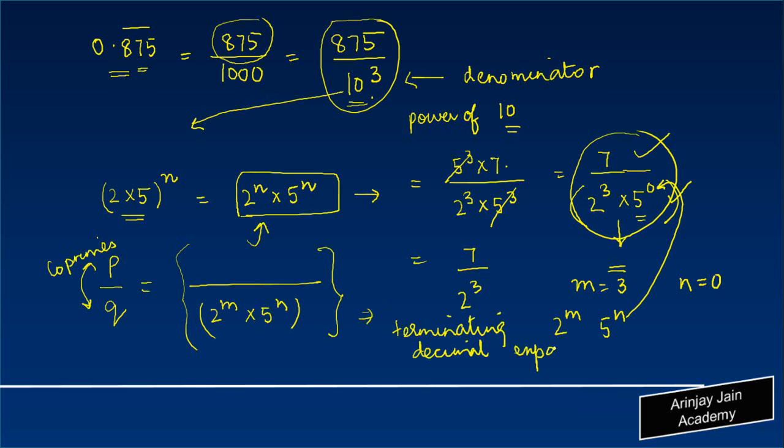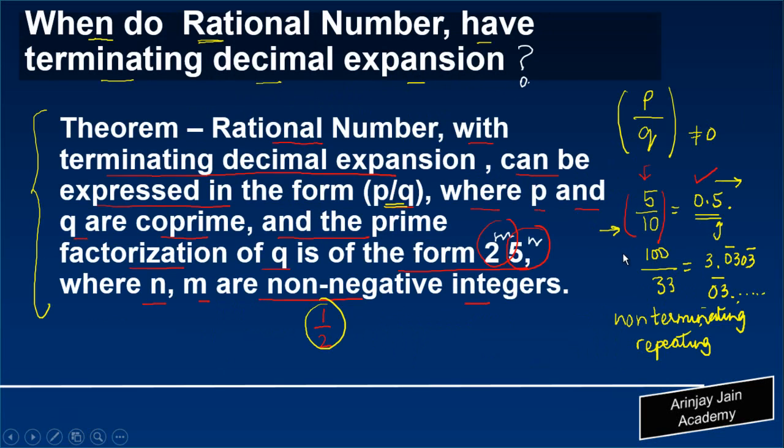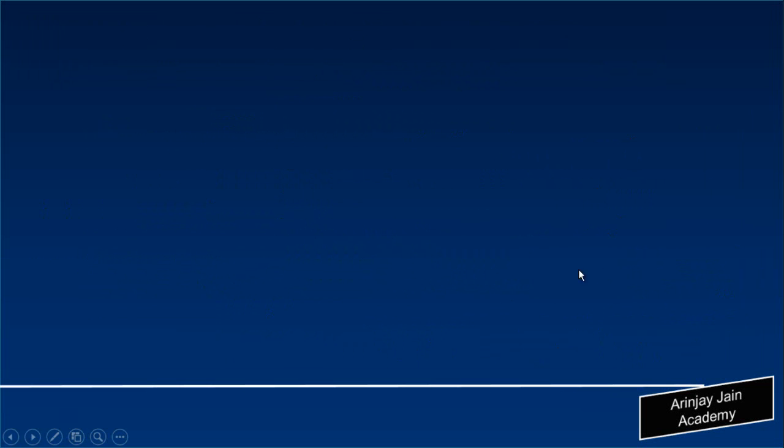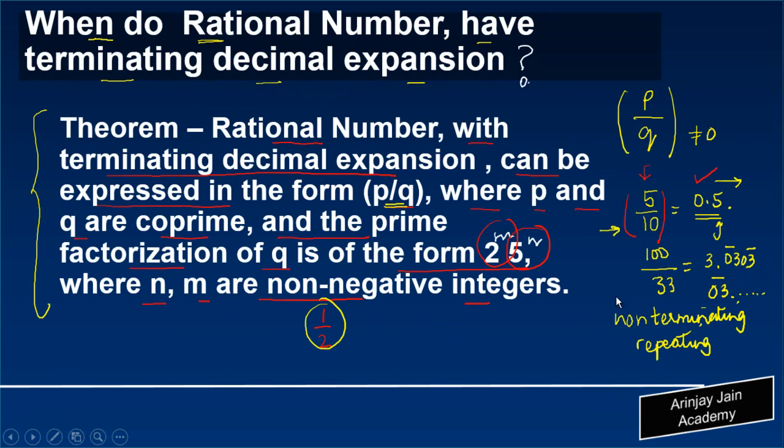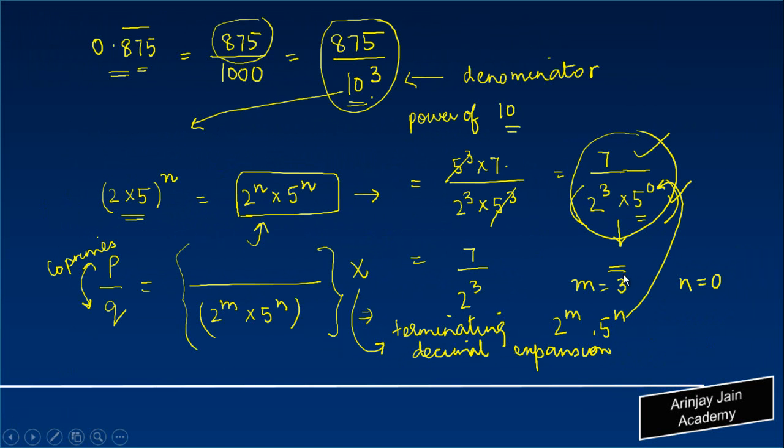It follows that if it cannot be written in this form, then we can easily conclude that the rational number does not have a terminating decimal expansion. It will have a non-terminating but repeating decimal expansion, something which we saw in the case of 100 divided by 99. We'll look at one or two problems relating to this concept in the next video.